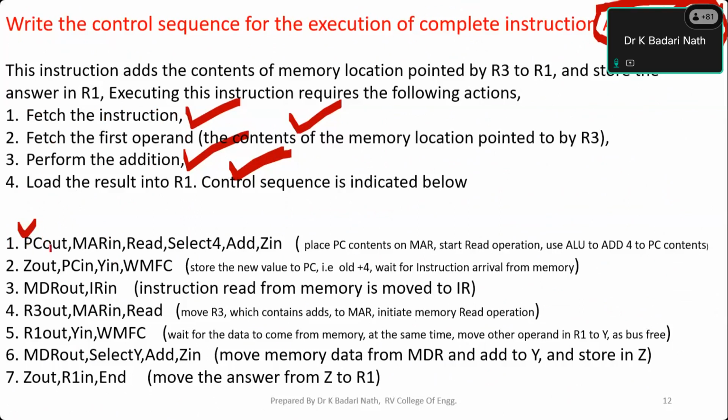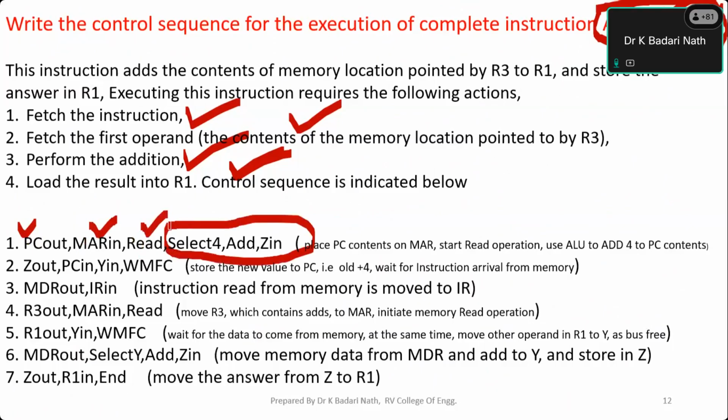So take the PC out, use the bus, place it in the MAR, and the address is placed on the address bus. Now give the read signal to the memory, telling that I am interested to read an instruction from the memory. Along with this, we are doing some more operation here.